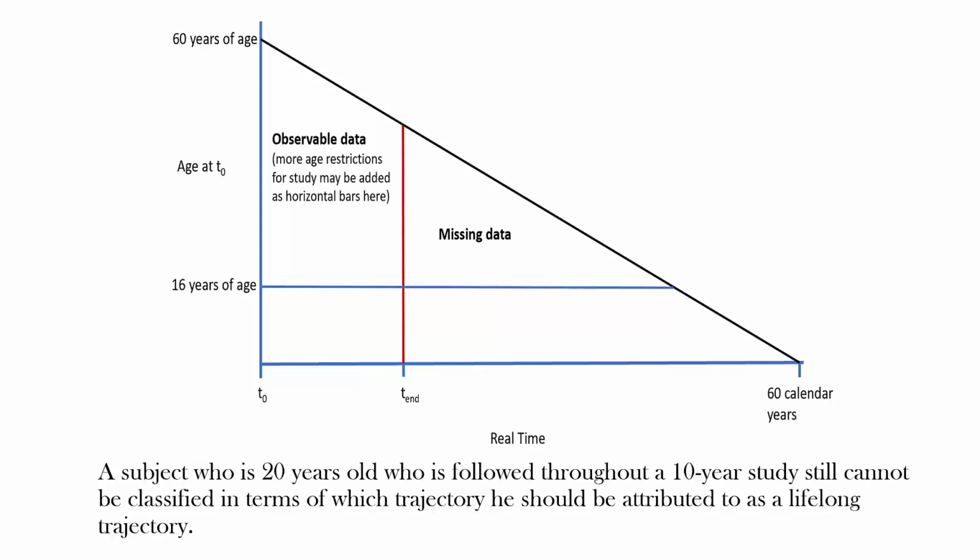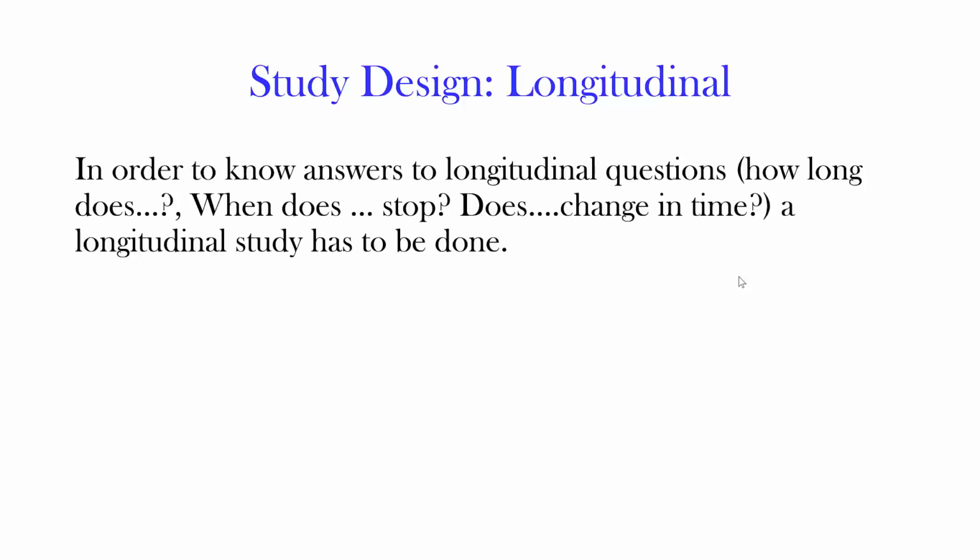So I use age more or less as a stratification to see what happens to younger people as they progress through time, middle-aged people, or older people. So I need a longitudinal study in order to answer questions that are longitudinal.